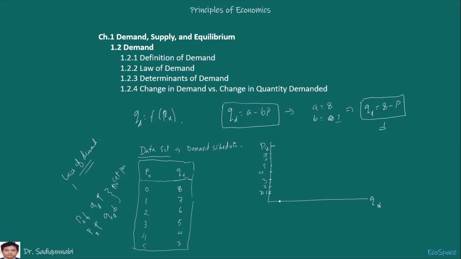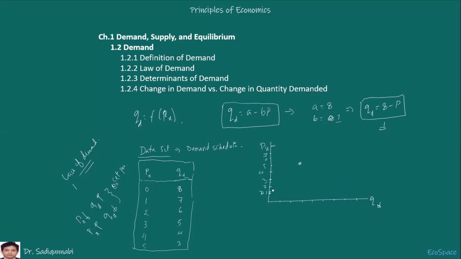So when price is 5, demand is 3. So this is a dot.